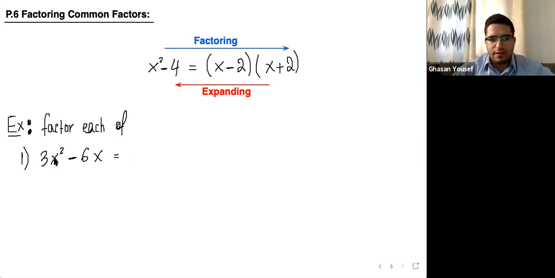So in the beginning, for factoring something like this, we have to factor the first term. I have here 3x squared, so this is equal to 3 times x times x. And for the second term, the 6, I can factor it to 2 times 3 times x.